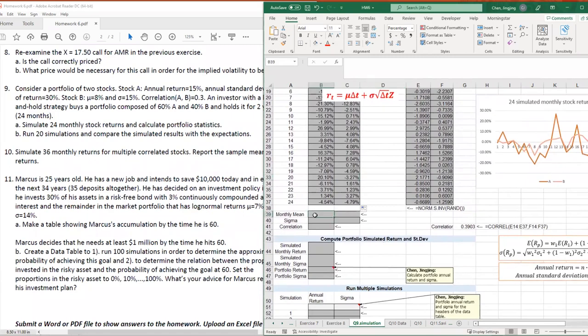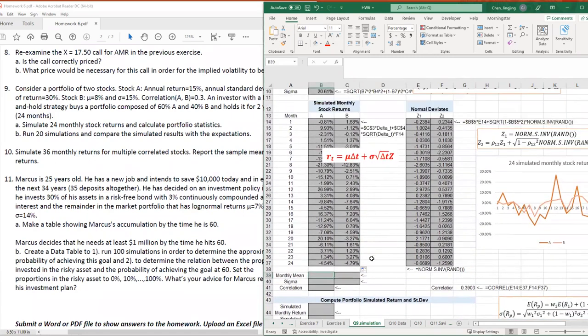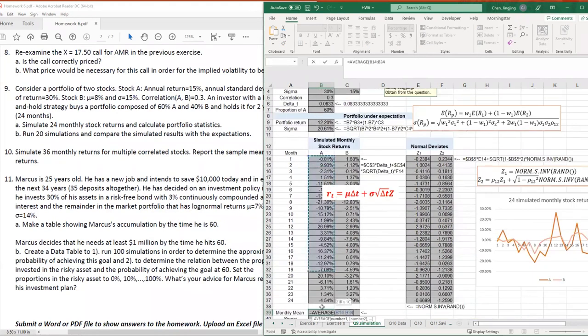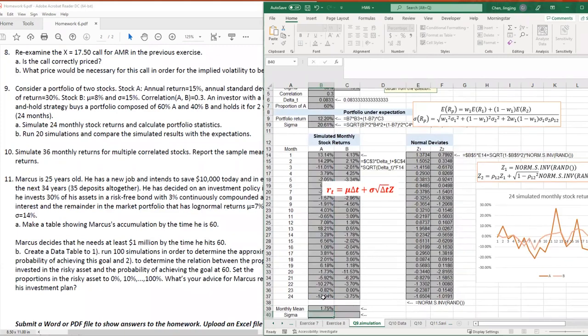And then calculate the mean of stock A and stock B, the average, which should be the sample mean of the simulated returns that we have.